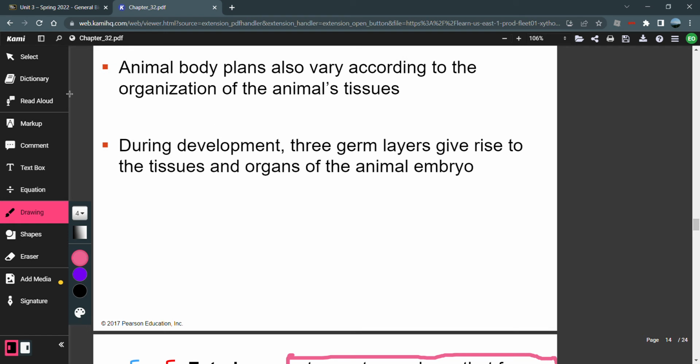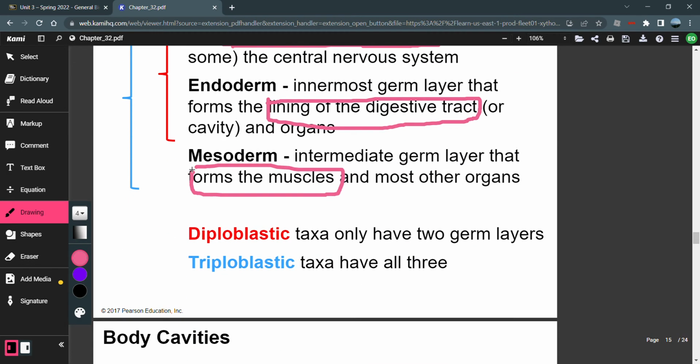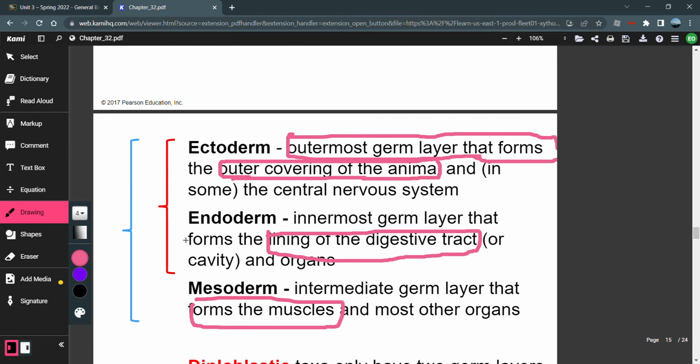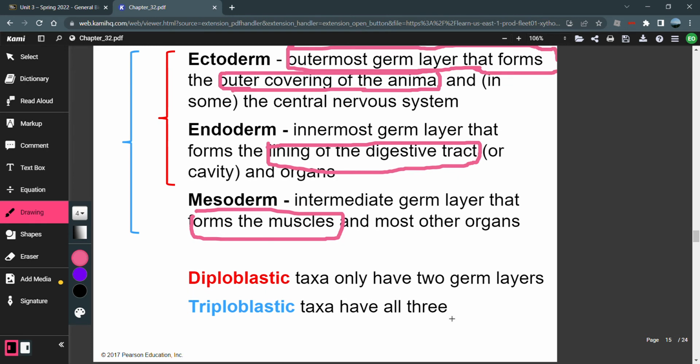These tissues arise through the 3 germ layers. During development, these 3 germ layers give rise to tissues and organs of the animal embryo. The ectoderm, endoderm, and mesoderm are the 3 types of germ layers. Diploblastic taxa only have ectoderm and endoderm. Triploblastic taxa have all 3.